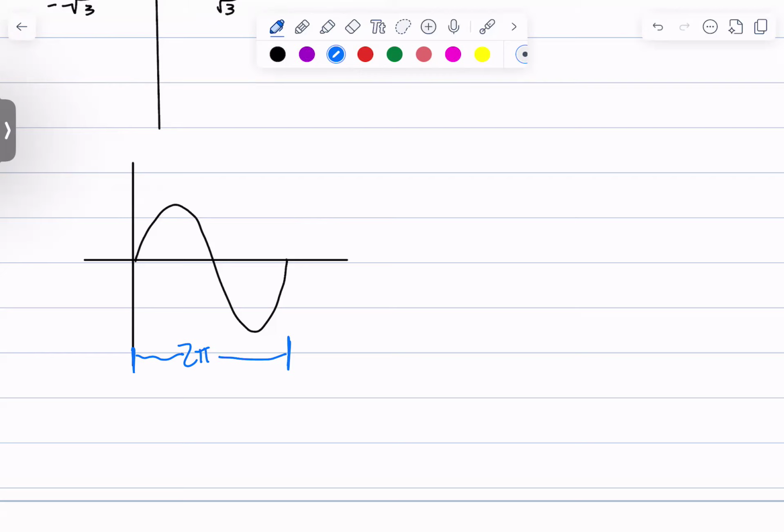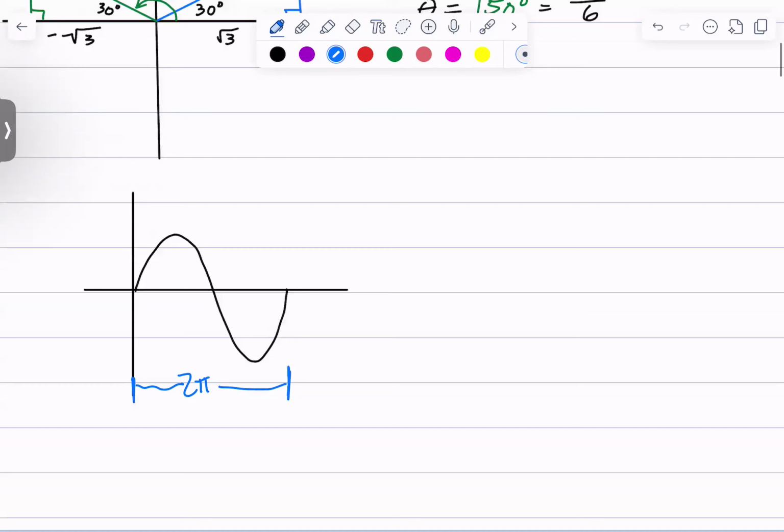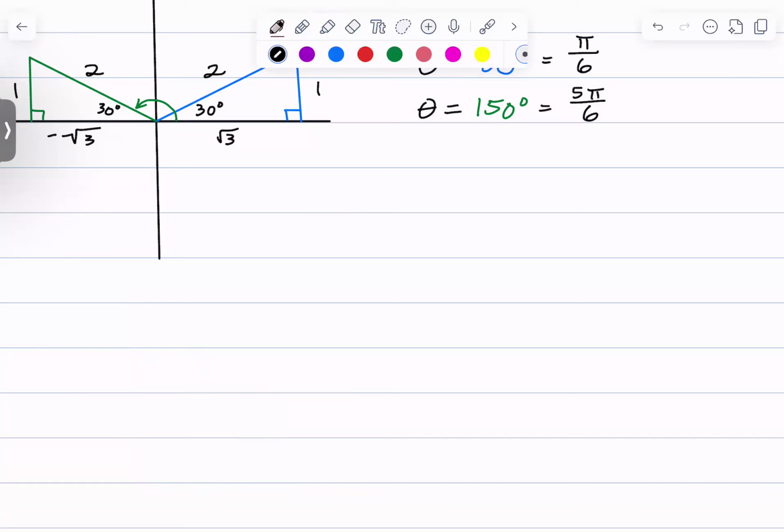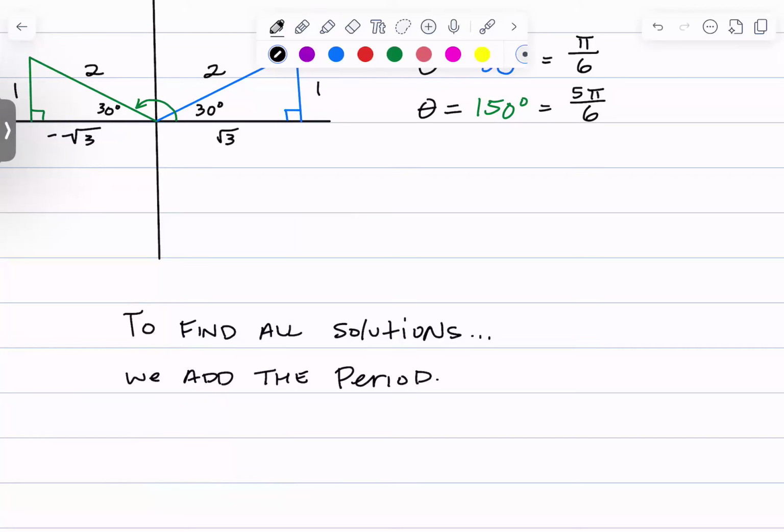That makes sense? So if that's the case, to find all solutions, we add the period.